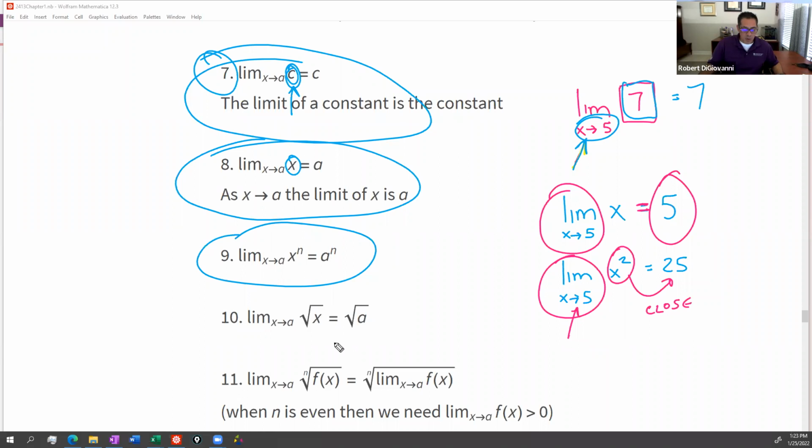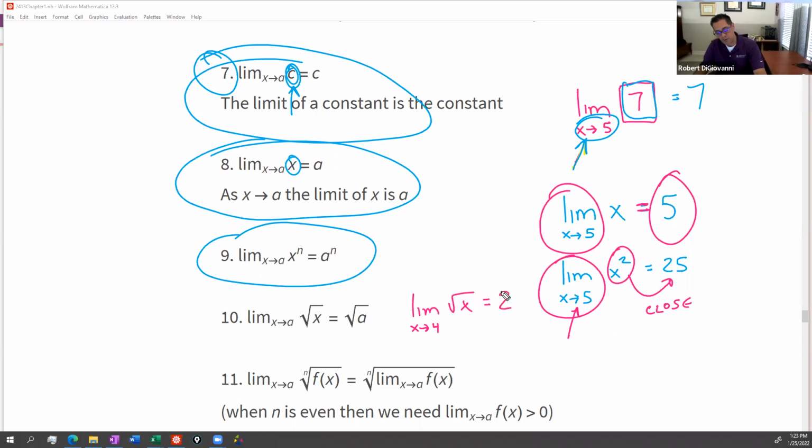The last two deal with square roots. The first one, number 10, I'll give you an example right here. What's the limit as x approaches 4 of the square root of x? This property says, okay, we'll just take your 4, like x is going to 4. So this is approaching the square root of 4.